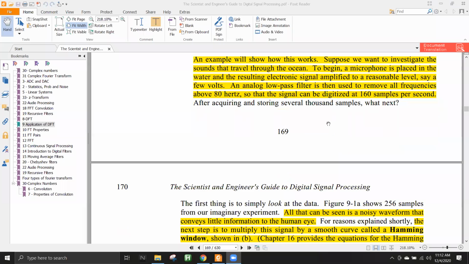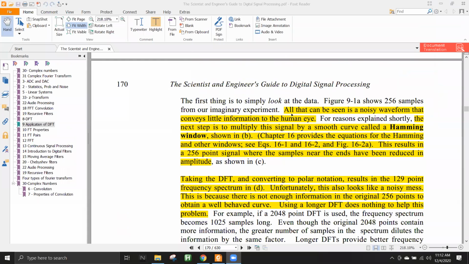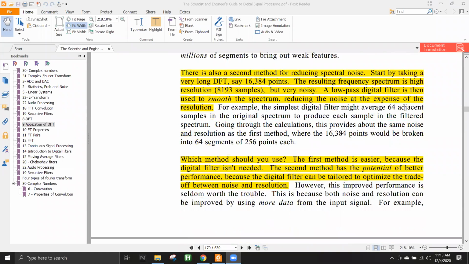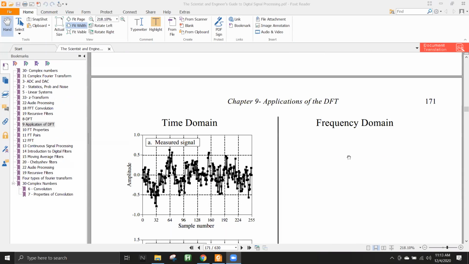So now, after you do all these things, what will you get? When you visualize it, when you take the amplitudes and convert it to some form that you can plot, what you get is a noisy waveform that conveys little information to the eye. I'll have to go back and forth between these two pages.